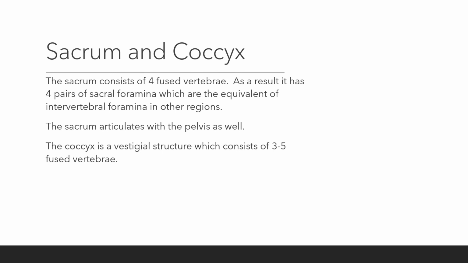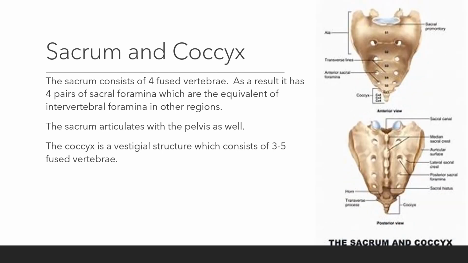Looking at the sacrum and coccyx, the sacrum consists of 4 fused vertebrae, and as a result, it has 4 pairs of sacral foramina, which are the equivalent of intervertebral foramina in other regions of the spine. So 4 paired foramina, 1, 2, 3, 4.